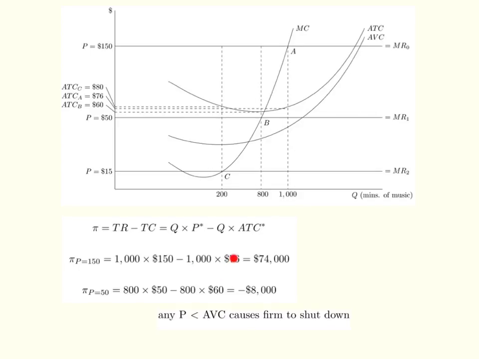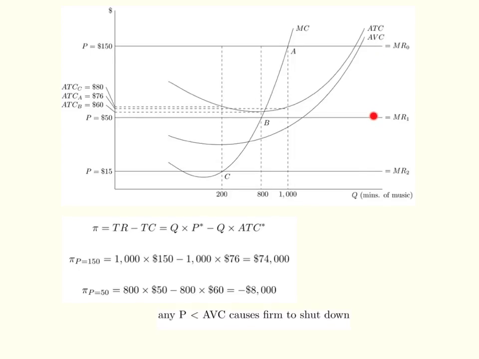So 1,000 times 76, and I calculate that up, and that gives me $74,000. What this tells me is that the firm is currently making $74,000 profit if marginal revenue is 150, which means if the market price is 150.